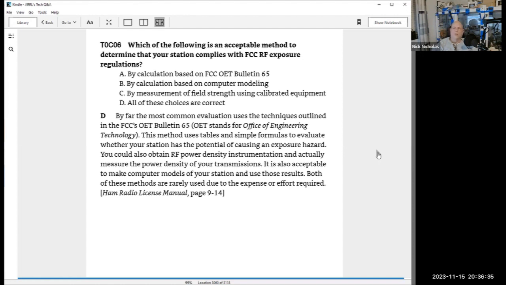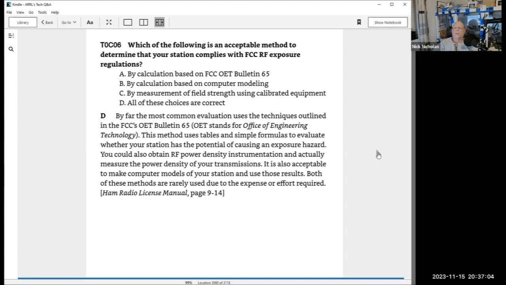Which of the following is an acceptable method to determine that your station complies with the FCC RF exposure regulations? Well, you can either calculate using the FCC bulletin and following all of its math to calculate. You can calculate by using the online computer-based modeling programs, the calculators online, which is what B is.